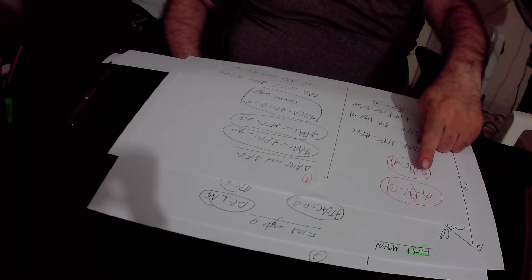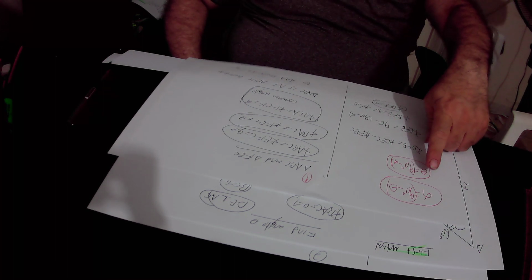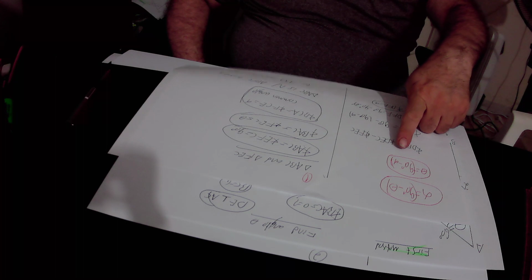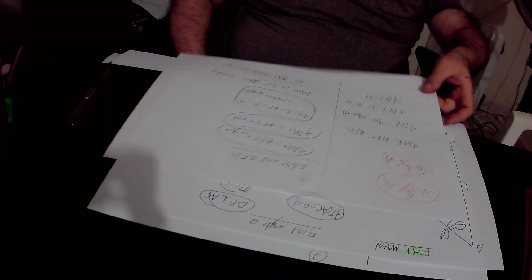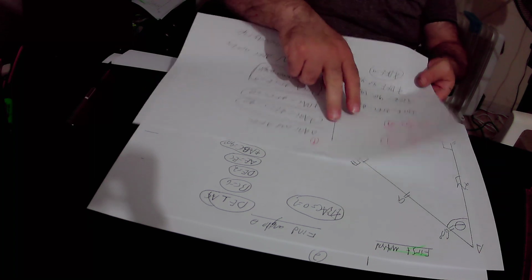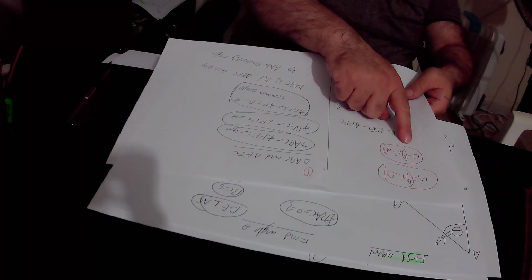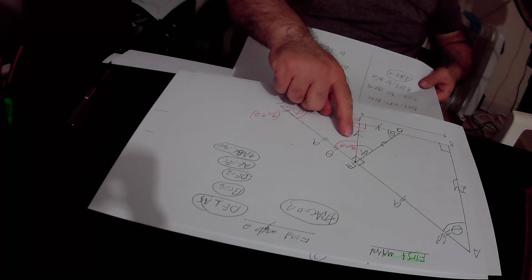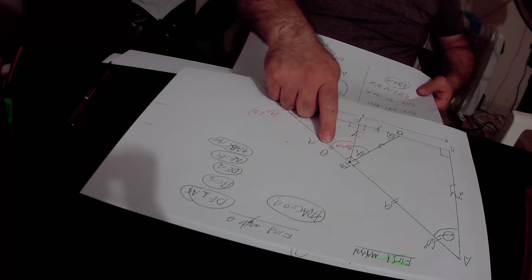If we add theta to this equation and subtract alpha, we will get that theta equals 90 degrees minus alpha. So if this angle equals 90 degrees minus alpha, it means that it is equal to theta. Okay, 90 degrees minus alpha equals theta.